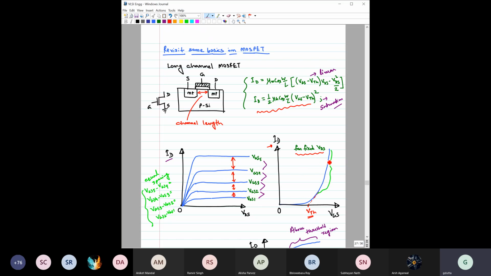Similarly, here you fix VDS, vary VGS, and see how ID varies. ID will look something like this. In this region, you see the equation is basically a square, so we get a curved line, something like this.